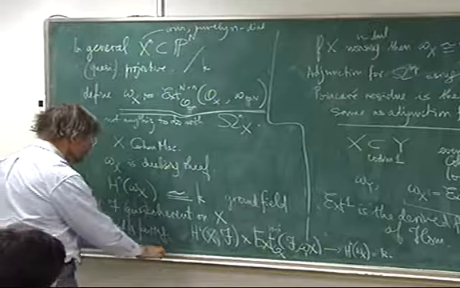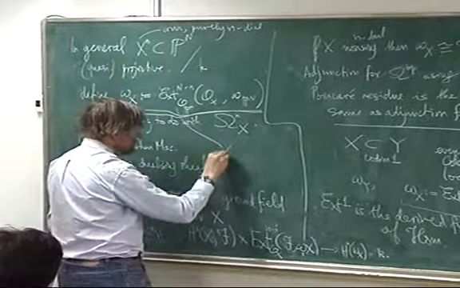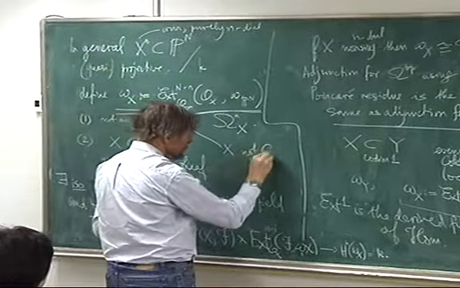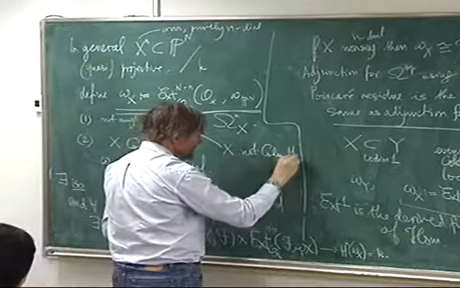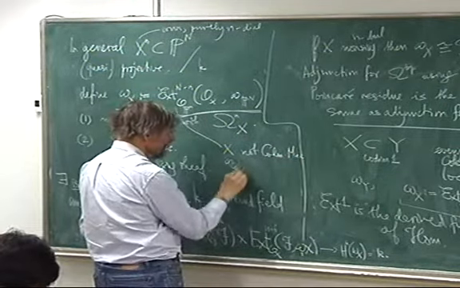So if X is not Cohen-Macaulay, this omega X is pre-dualizing.